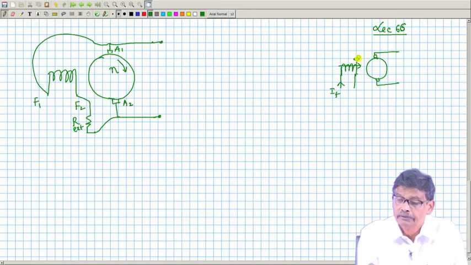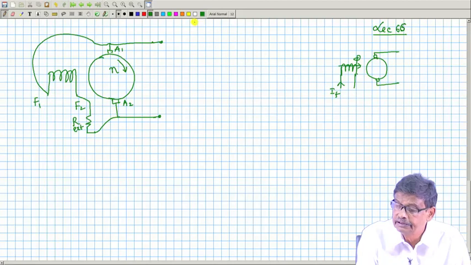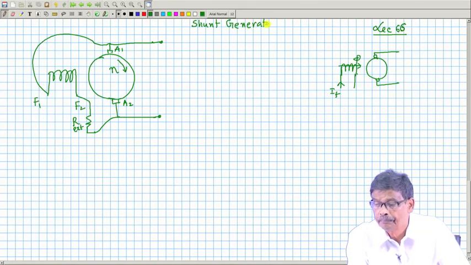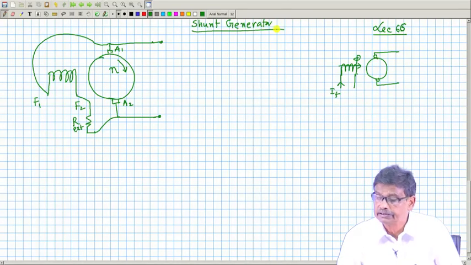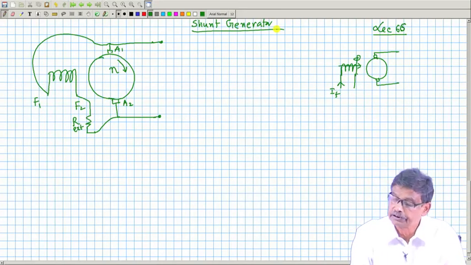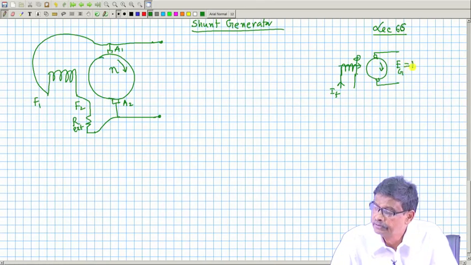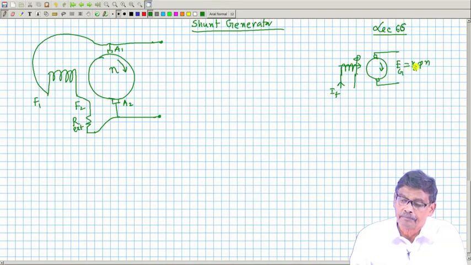So this is the connection of a shunt generator. Now, the first question is, if you compare this situation with this, I can very confidently say here there will be a generated voltage E_g, which is equal to some k phi n, P z by a phi into n.